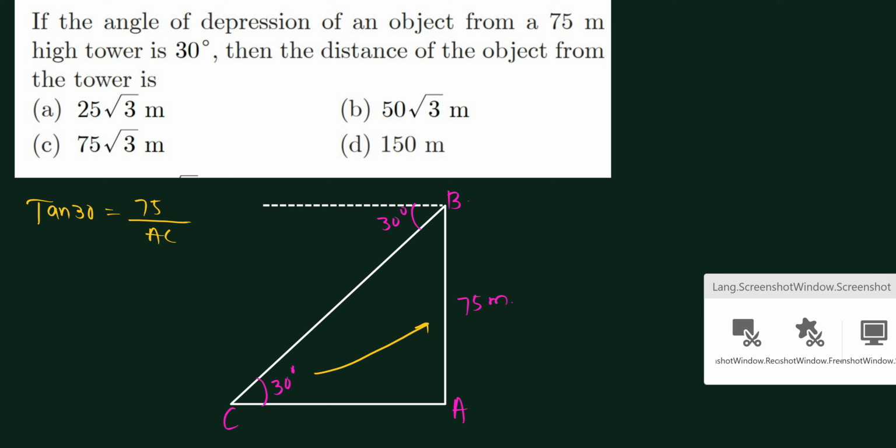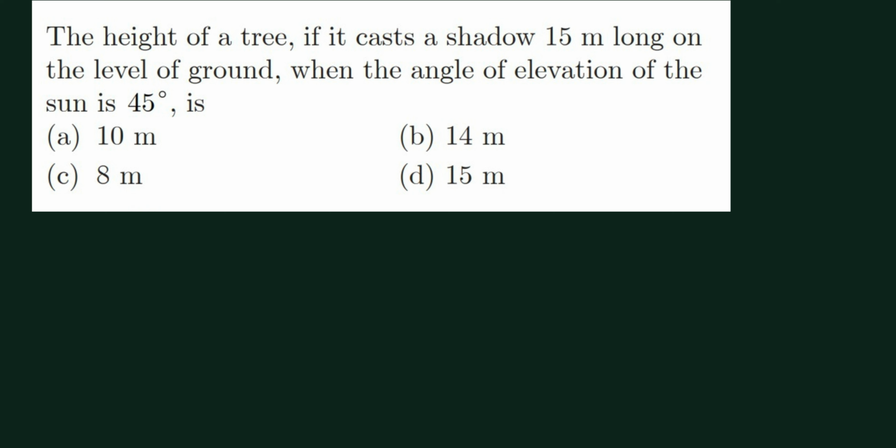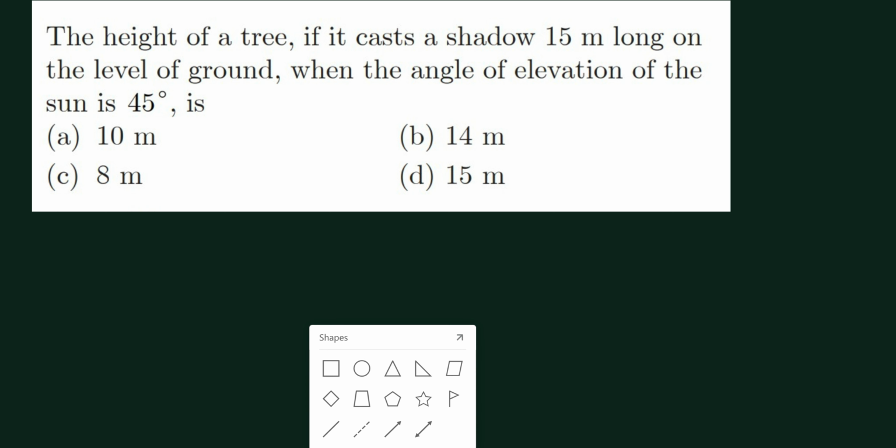The AC value you need to find here. Tan 30 value is 1 by root 3, equal to 75 by AC. Then AC equal to, you do the cross multiplication. So you will get 75 root 3 meter.